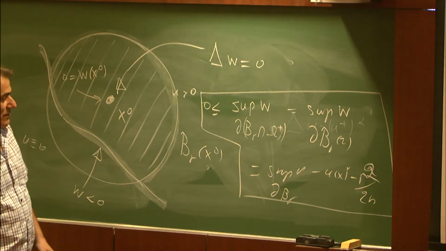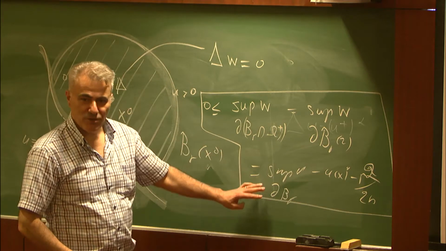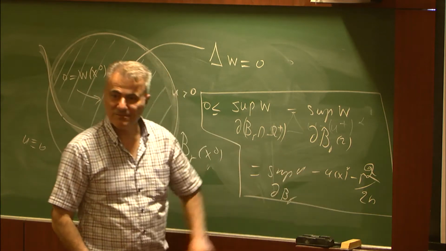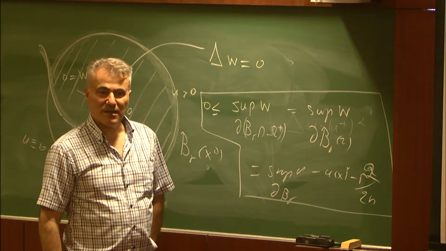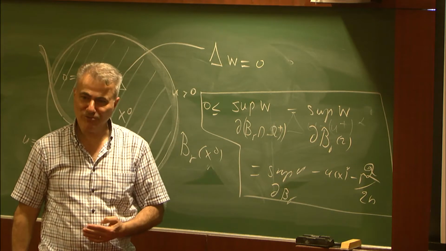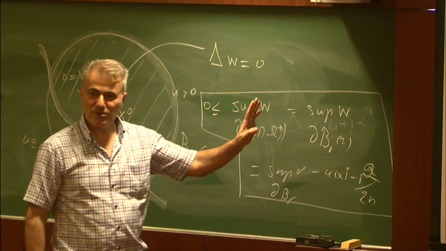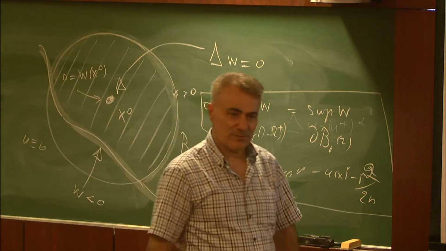So it tells me the supremum of u is larger than this. And if I let x0 go to the boundary, this goes out of the picture, and we get r to the power 2.